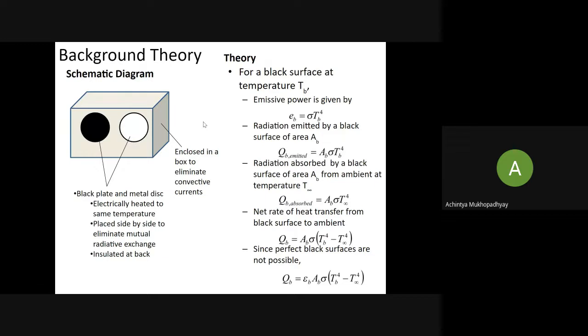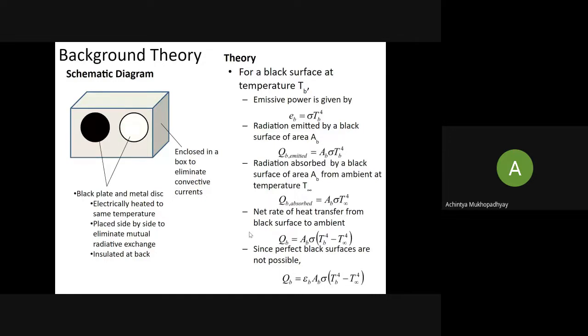The radiation that reaches the surface per unit area is sigma T infinity to the power 4, so the radiation absorbed is A_B sigma T infinity to the power 4. So the net rate of heat transfer from the black surface to the ambient is A_B sigma (T_B to the power 4 minus T infinity to the power 4).